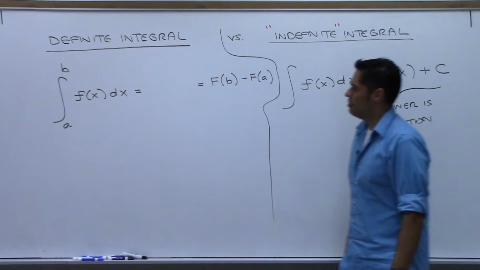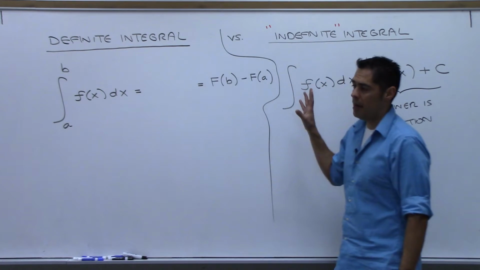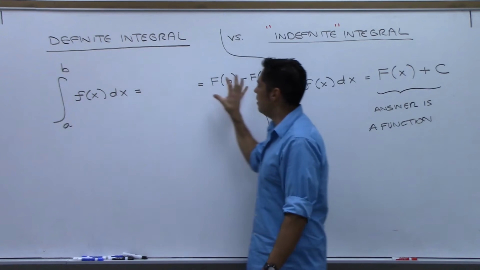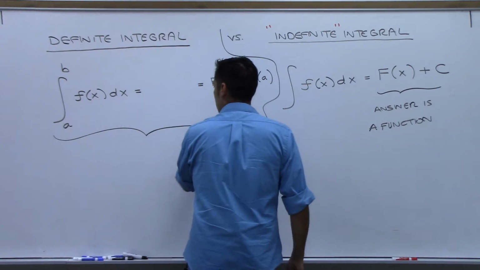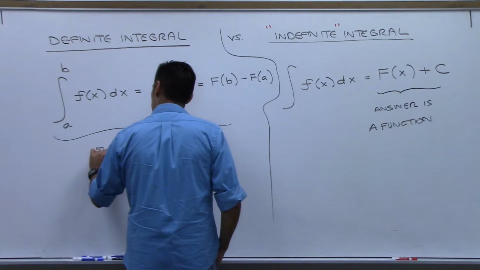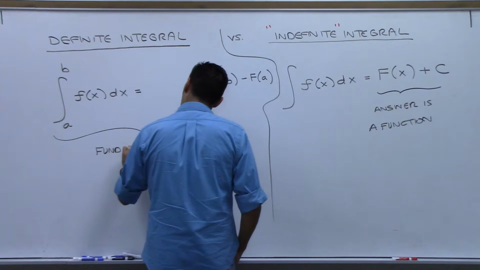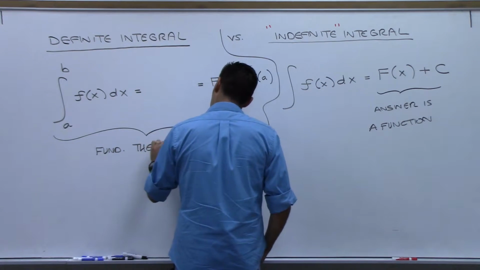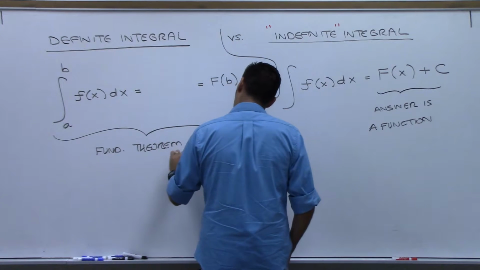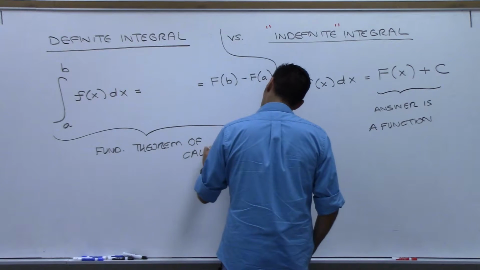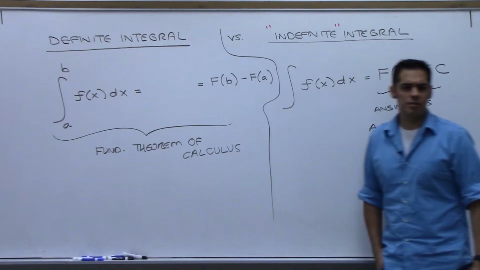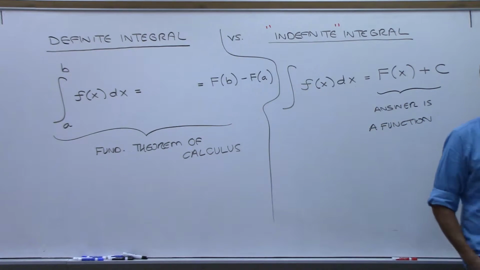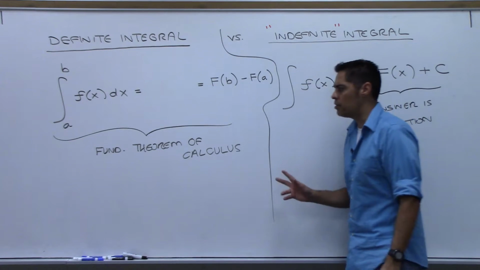Now this relationship here, of this integral meaning this, actually comes from what's called the fundamental theorem of calculus. There's two versions of the fundamental theorem of calculus. This is commonly referred to as the second version.